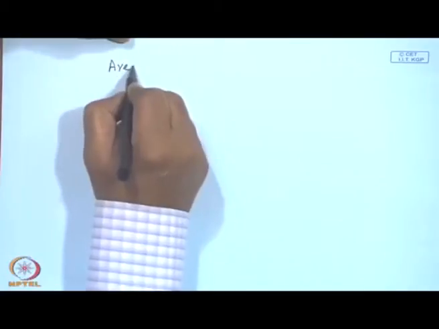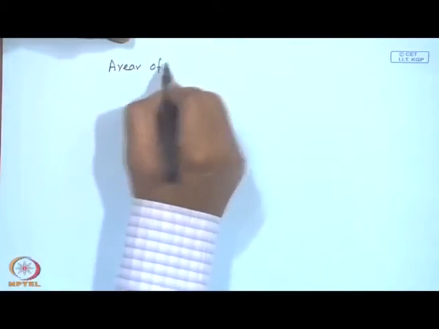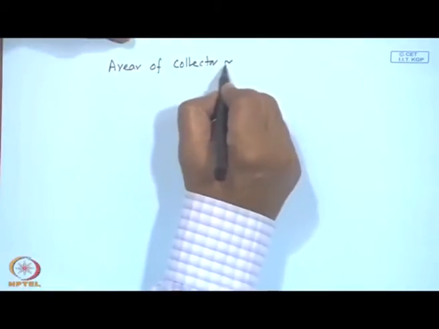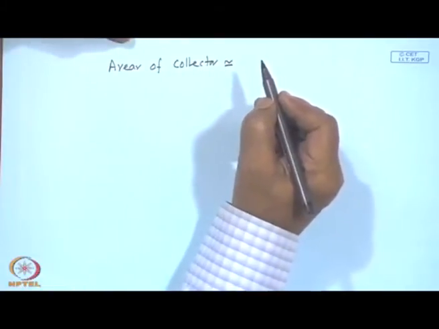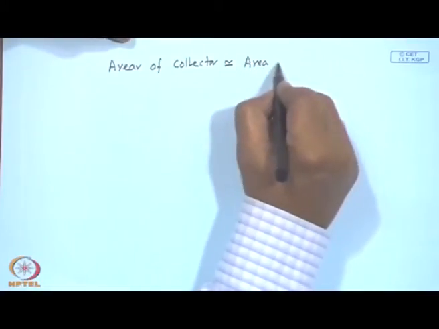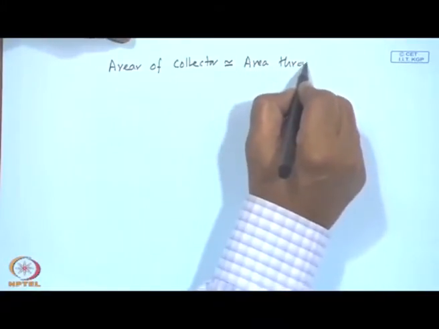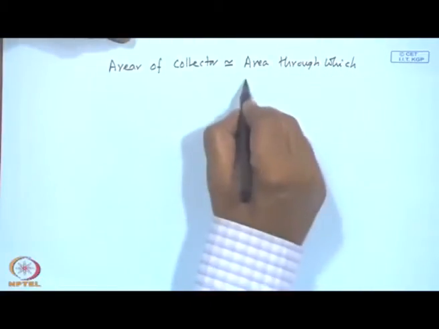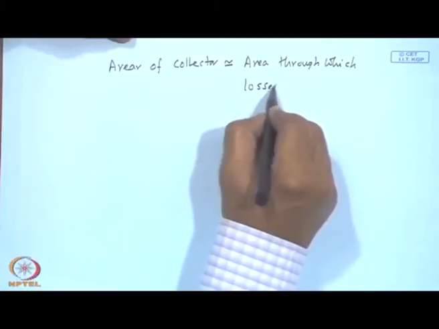And in spite of that, the area of collection is approximately equal to, if not identically equal to, the area through which losses are taking place.